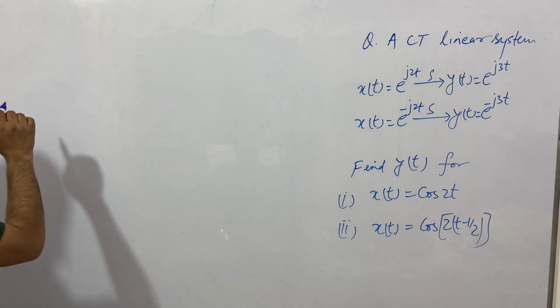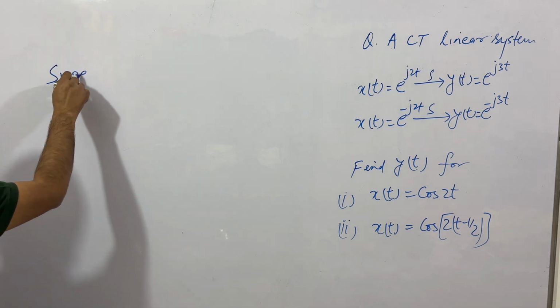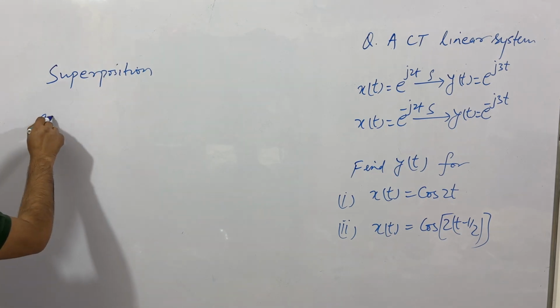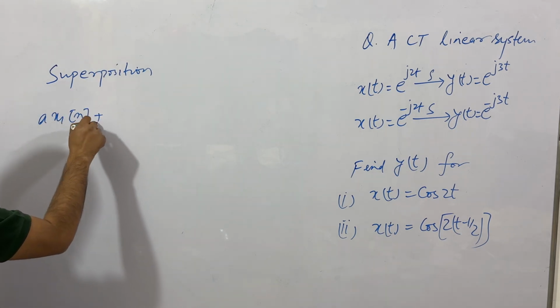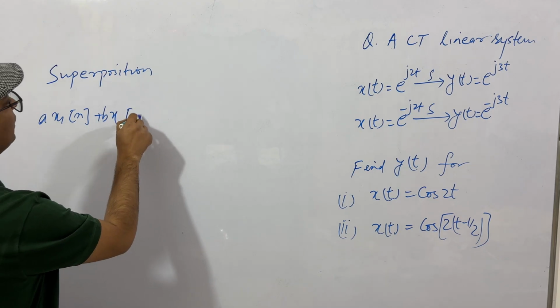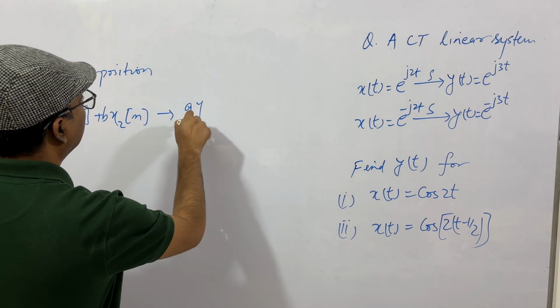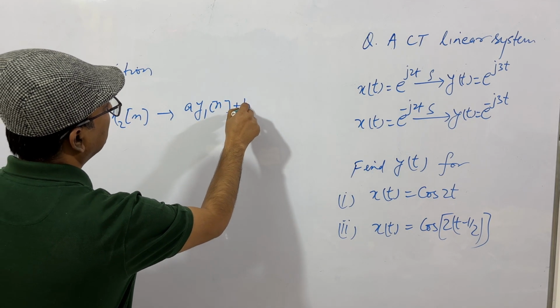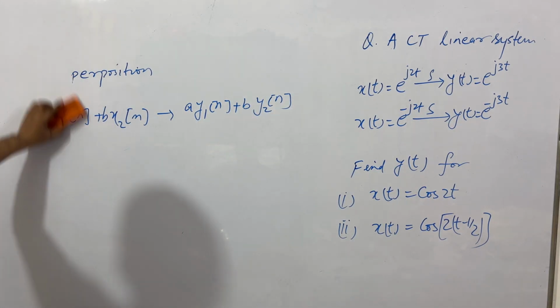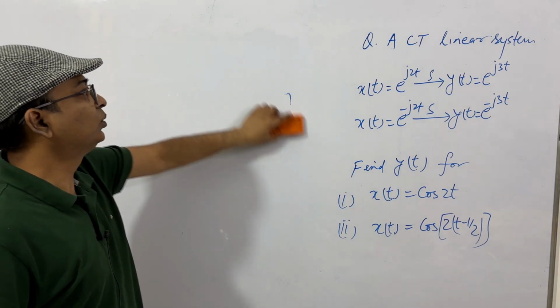If this is a linear system, it will have the superposition property, that is for a x1[n] plus b x2[n], the output has to be a y1[n] plus b y2[n], and for a continuous time system also this is the superposition principle.